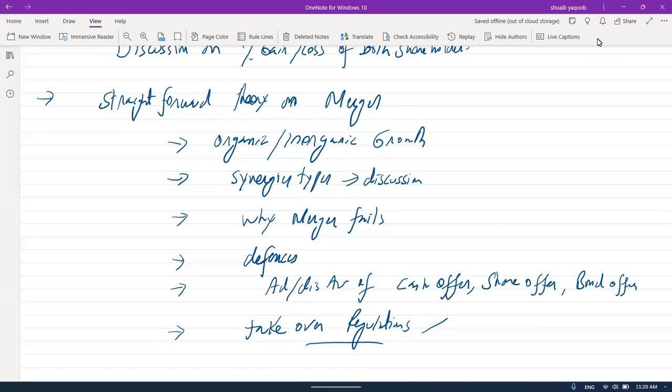You should know the terms of the takeover regulations. So that's how this complete topic can be tested. This is very important. And normally theory is linked with the scenario.